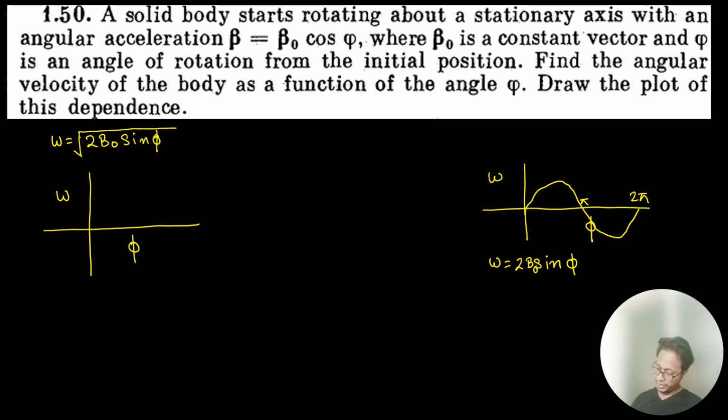In case omega equals sin phi, the peak of this graph would be 1 and -1. If I add 2 beta naught here, the peaks of this graph would change to plus 2 beta naught and minus 2 beta naught. Well understood this one? Okay.